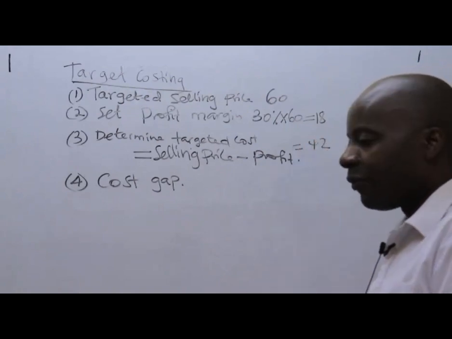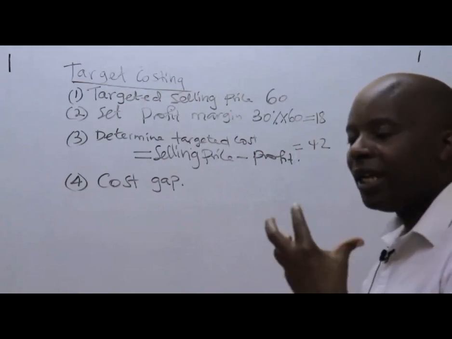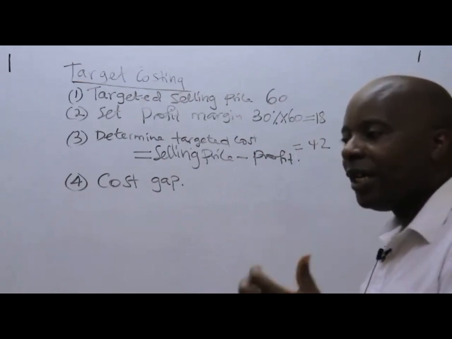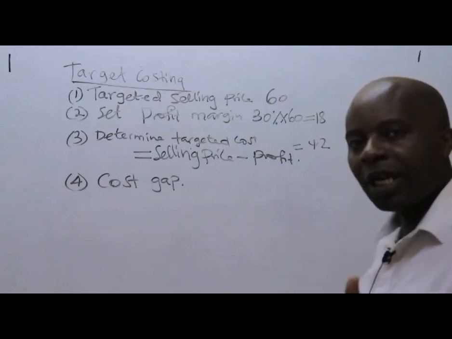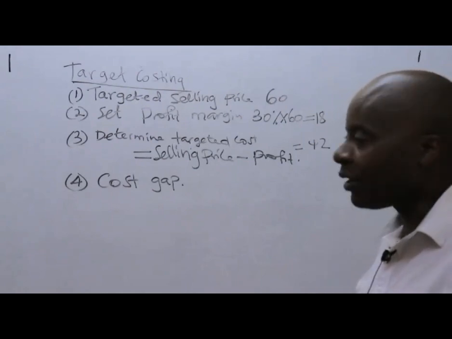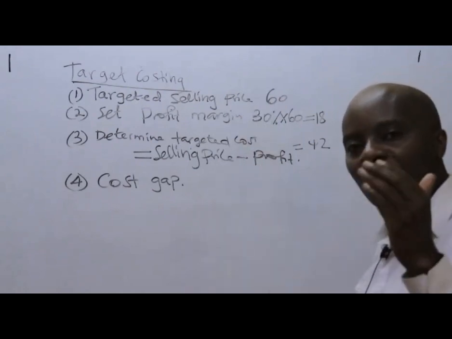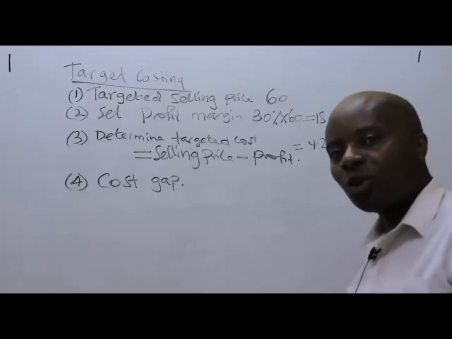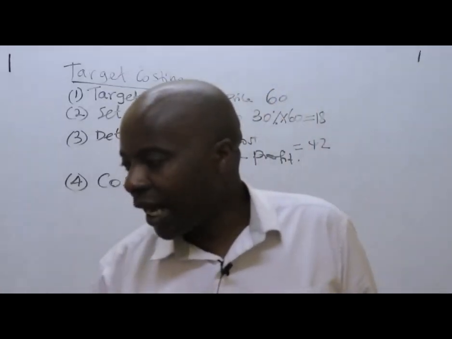Now, from there, I will ask myself, do I have any gap? My gap here will be the difference between the projected or rather actual cost vis-a-vis our targeted cost. So I would want to get my projected actual manufacturing cost, and the examiner has given us the actual manufacturing cost. They are here.